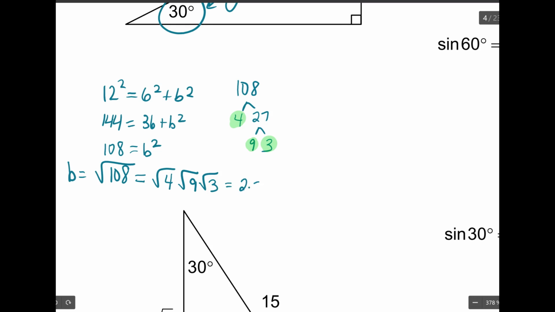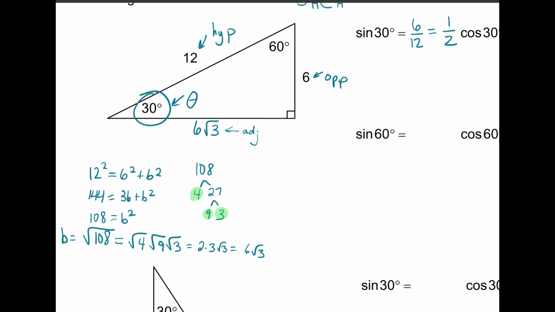So 2 times 3 times root 3 is just 6 root 3. And this is going to be my adjacent side if I'm talking about the 30-degree angle. Awesome, 6 root 3.